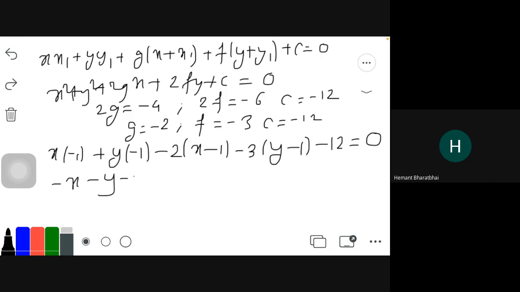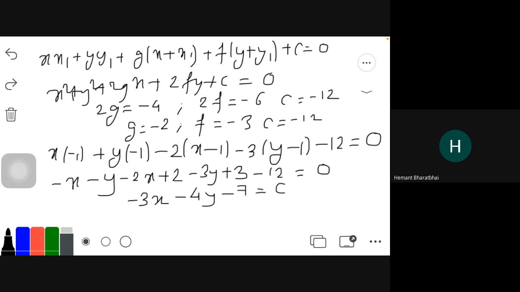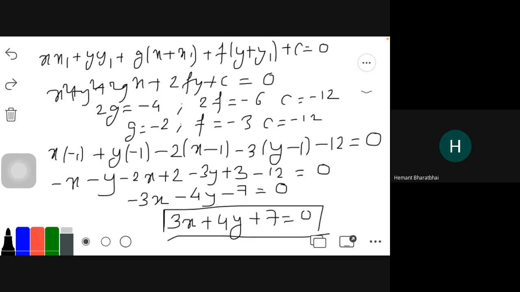I'll open the bracket, so minus 2x plus 2 minus 3y plus 3 minus 12 equals to 0. So minus x minus 2x, that will give me minus 3x, minus y minus 3y, that will give me minus 4y, plus 2 plus 3, that is plus 5 minus 12, so that will give me minus 7 equals to 0. All the terms if I take over there, so I'll get 3x plus 4y plus 7 equals to 0. So this is the required equation of the tangent.